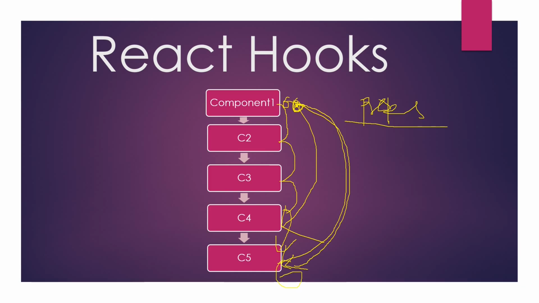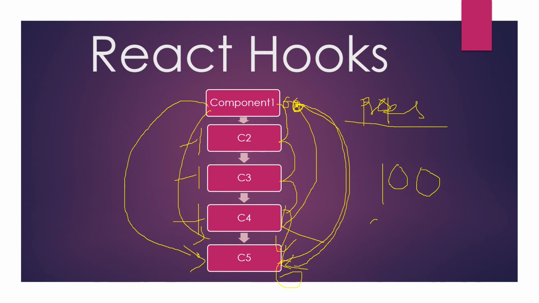As you can see, unnecessarily we have to pass the data through component number second, third, and fourth. It would be really very good if we could pass the data directly from component number 1 to 5, or wherever it is required. Suppose these are only 5 components, but suppose there are 100 components, then how is it possible to pass the data from component number 1 to component number 100?